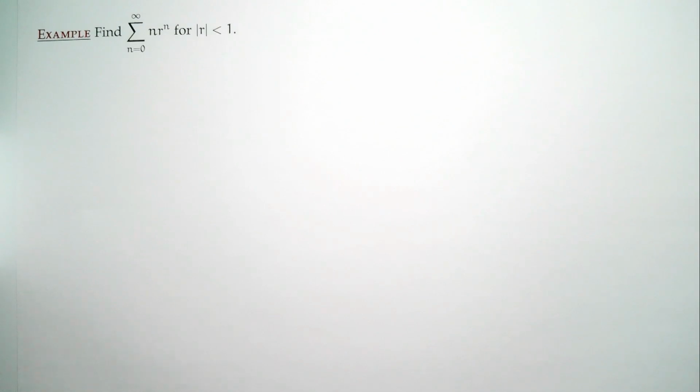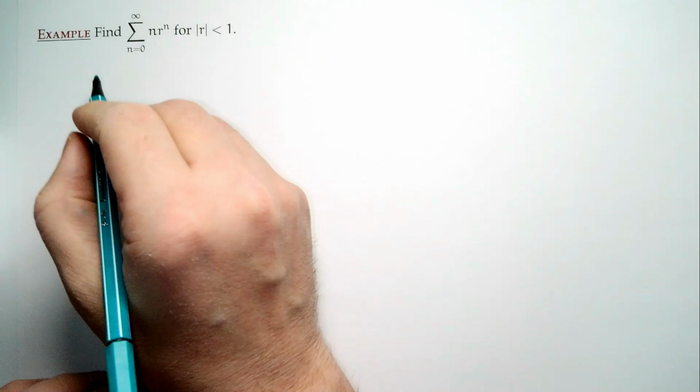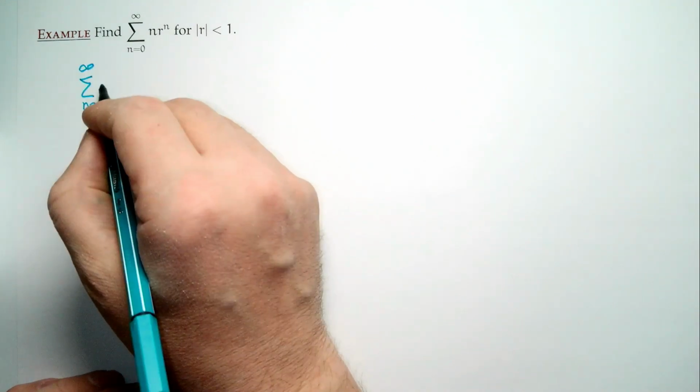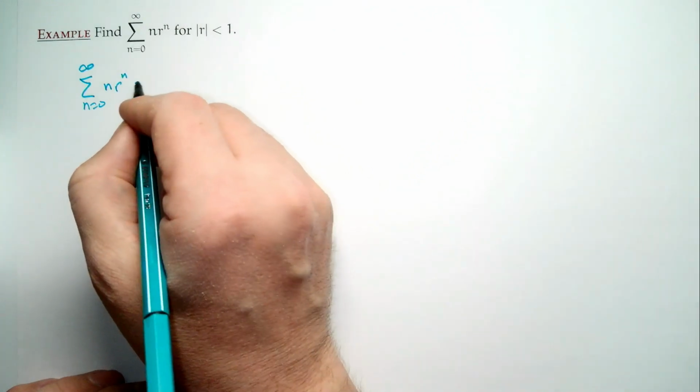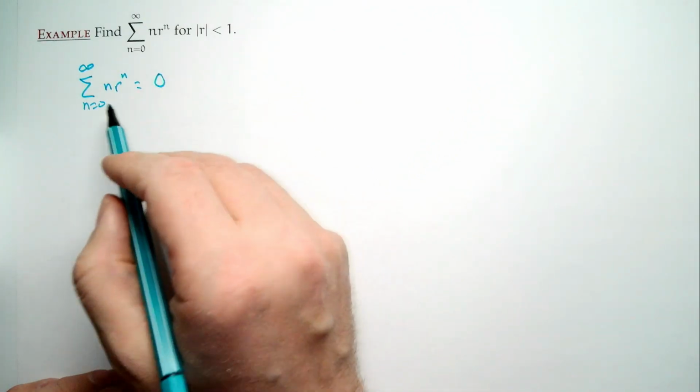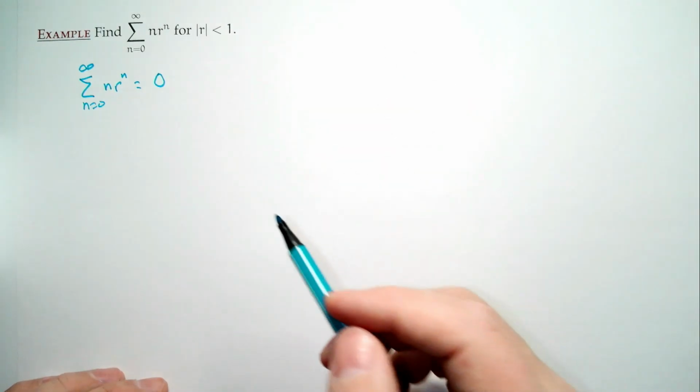So let's think about what we're looking for. We're going to want to find the sum of n times r to the n, for absolute value of r less than 1. We want to figure out what that equals. So let's think about what the sum looks like. The sum, n equals 0 to infinity, of n r to the n, I can think of in the following way. Well, that's 0 times r to the 0. All right, well, that's not too surprising.